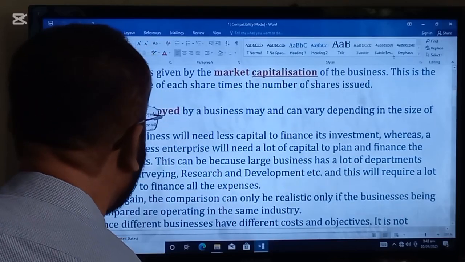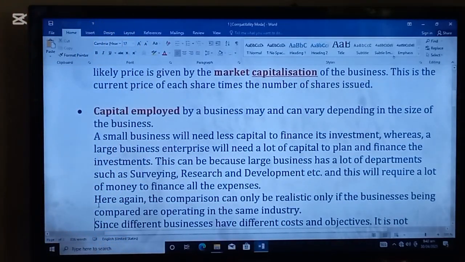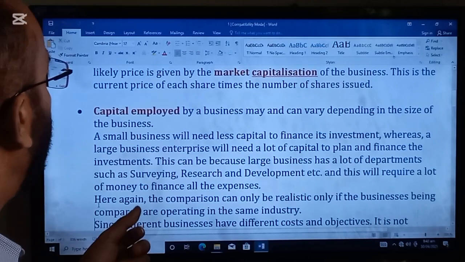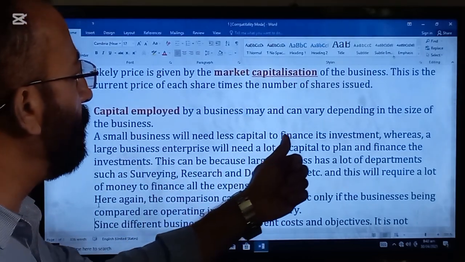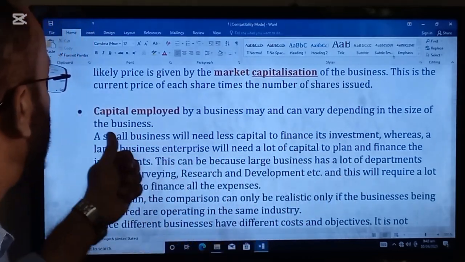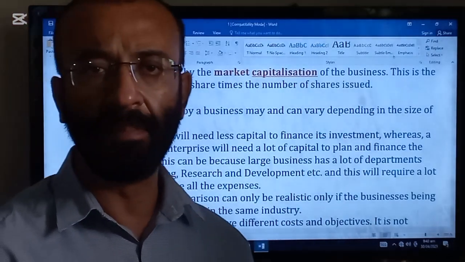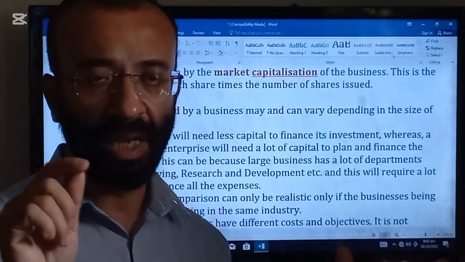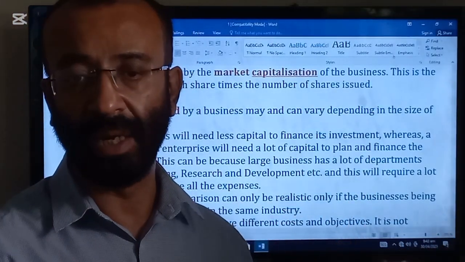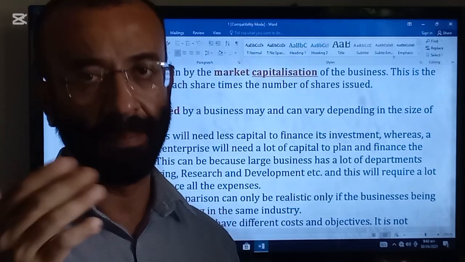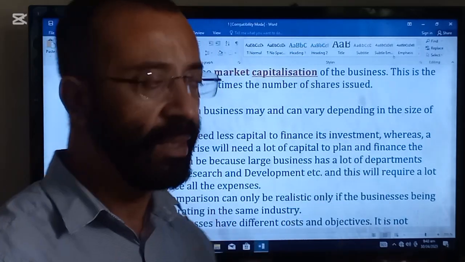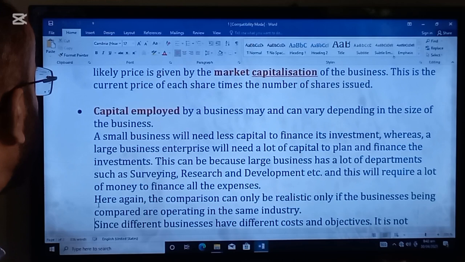The next method to get the size of the business is capital employed. Capital employed by a business can vary depending on the size of the business. Normally in a bigger business there will be more capital employed, and in a smaller business less capital will be employed. This is a normal phenomenon.